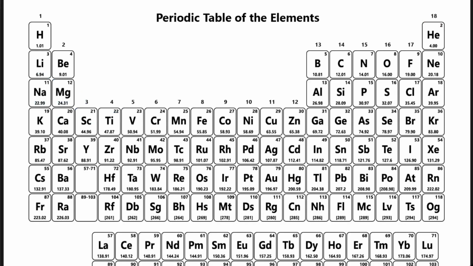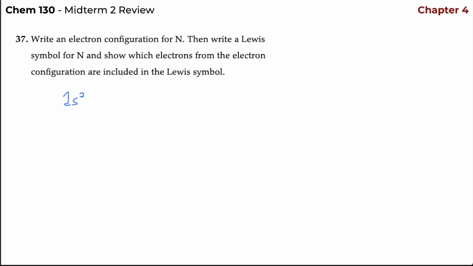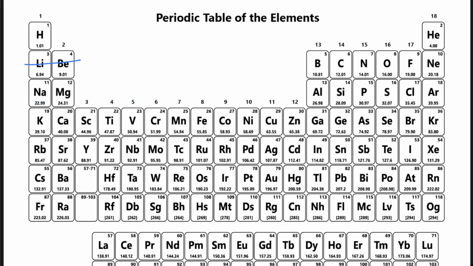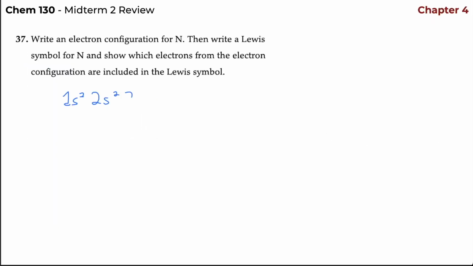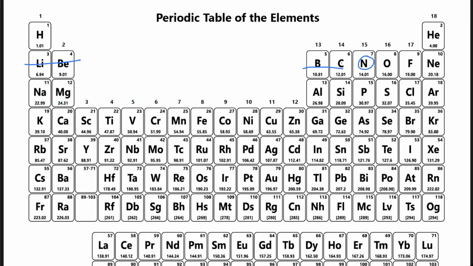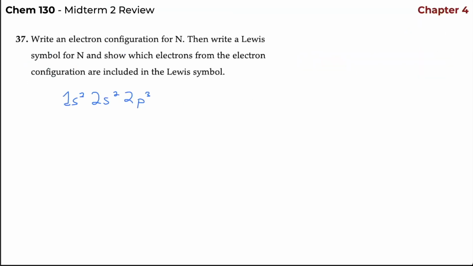And then tracing it through, this is gonna be 2s squared, and then this is gonna be 1, 2, 3, so 2p3. Because this is the s block, and this is also s, and then this is the p block. So this is going to be the electron configuration.